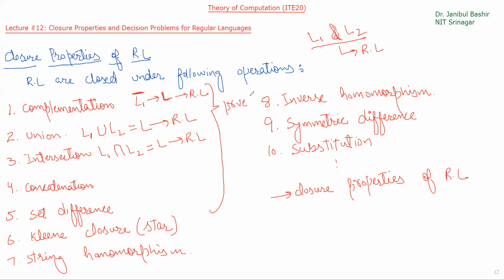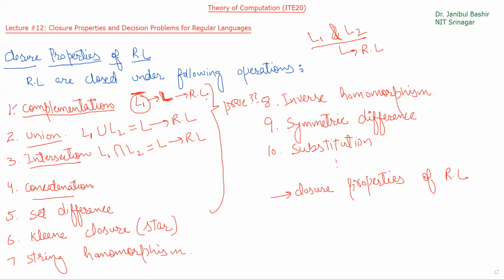Prove means we have to prove that these are actually closure properties. What does that mean? I have to prove that if L1 is a regular language, and if I do a complementation of a regular language, then the new language is also a regular language. Then only I can say that complementation is a closure property. Likewise, I have to say for union, for intersection, for concatenation, and all these operations. So we have to prove this.